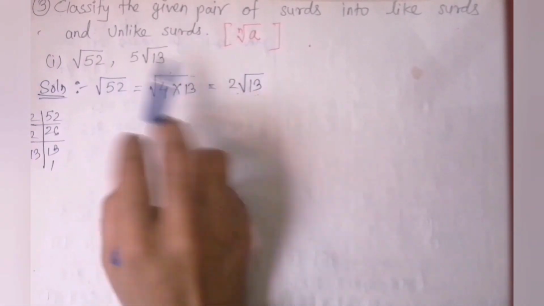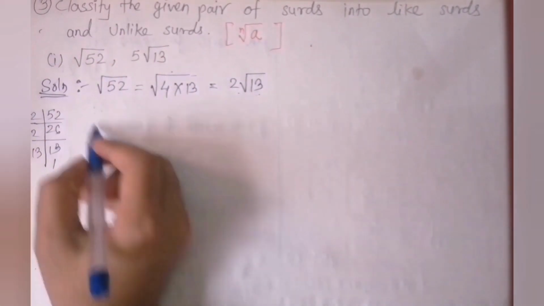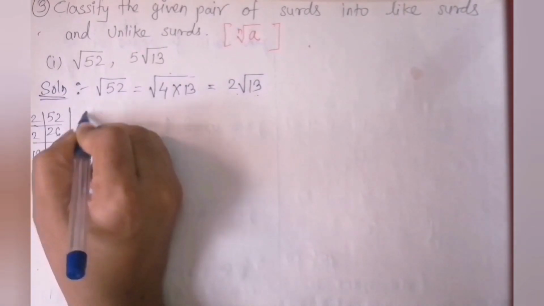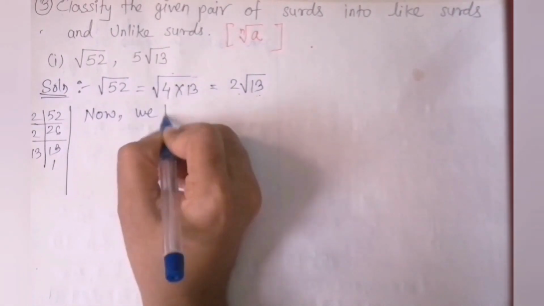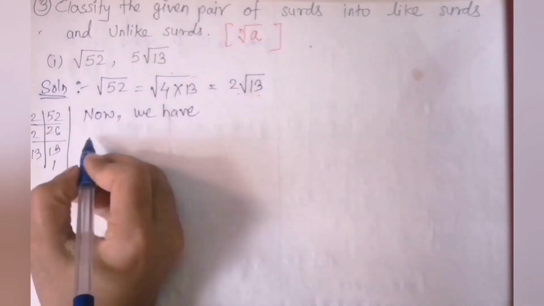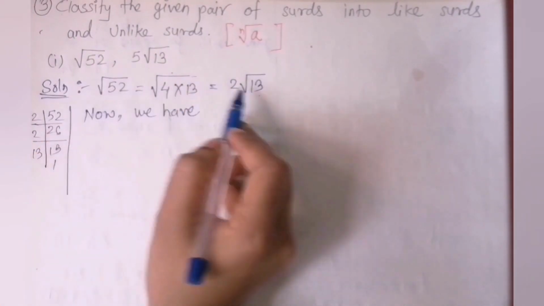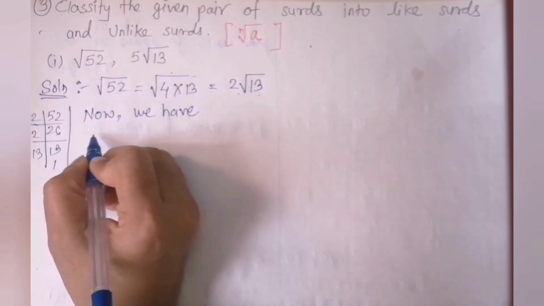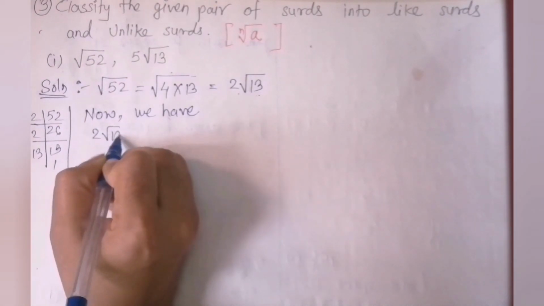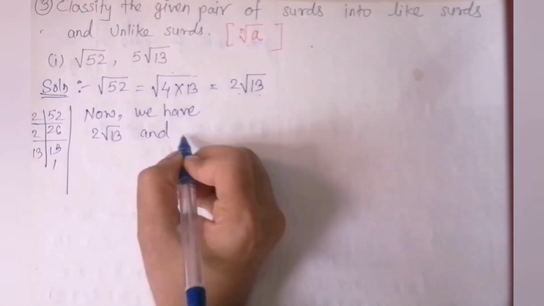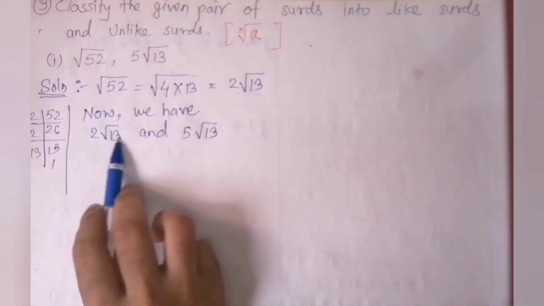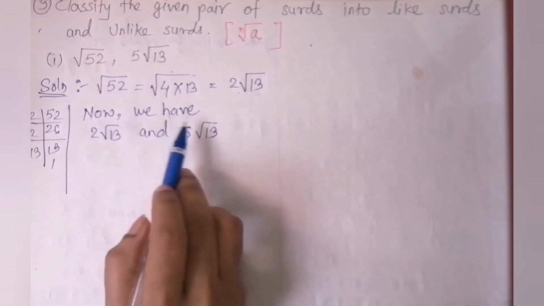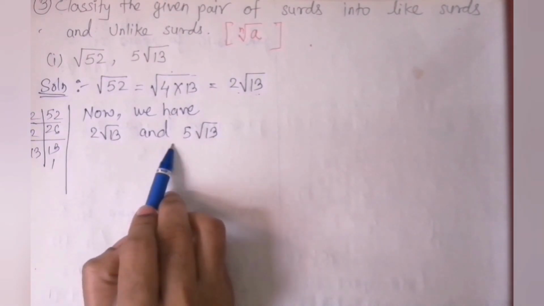Now take these two surds. We have 2 root 13 and 5 root 13. Now students, just observe, the radicands are the same and the order is also the same. Therefore this is a like surd.